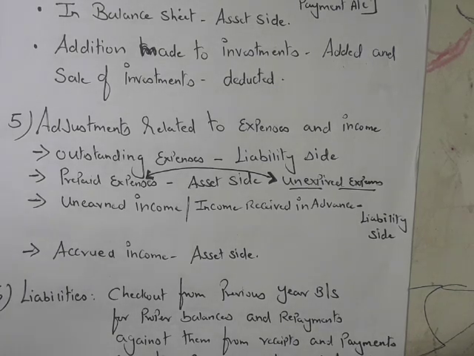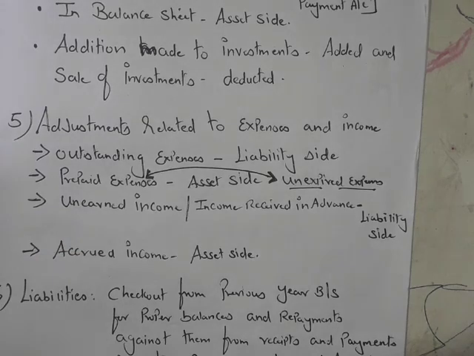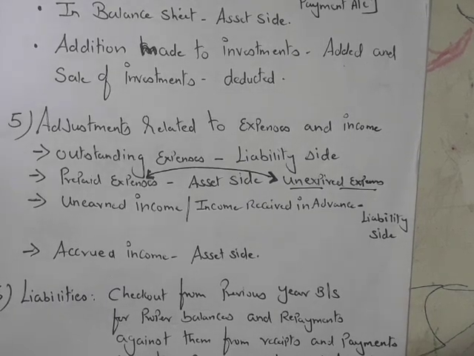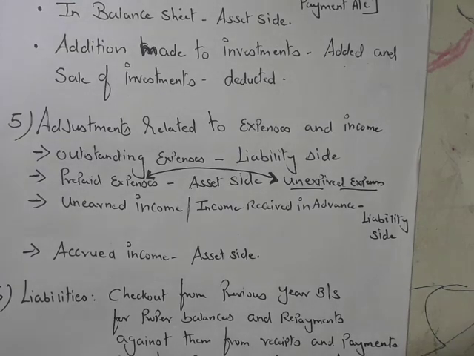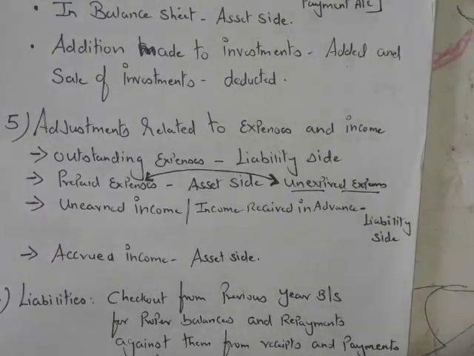And remember, when we dealt with final accounts with adjustments in grade 11, we would have come across these four important adjustments, whereby we would have shown each and every adjustment in two different places. One compulsorily in the balance sheet, and the next one it would have found a place either in trading or P&L. In the same way, even in a non-profit organization, we have these four adjustments which should be shown in two different places.